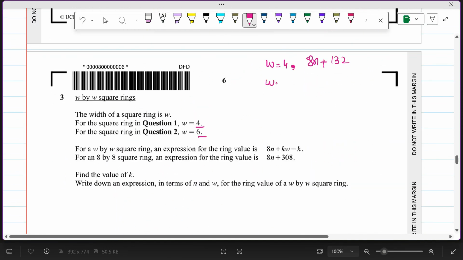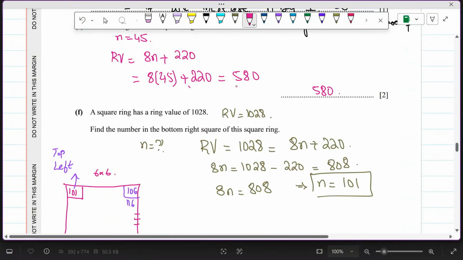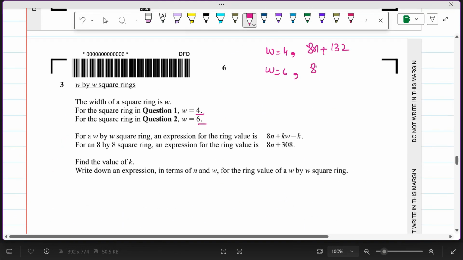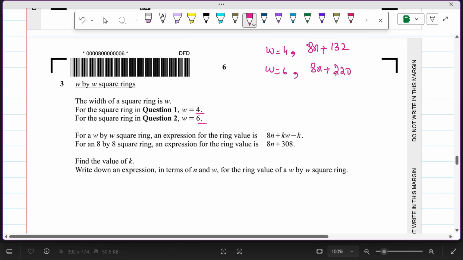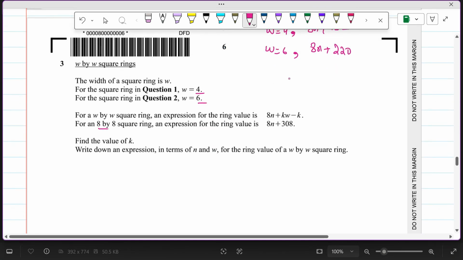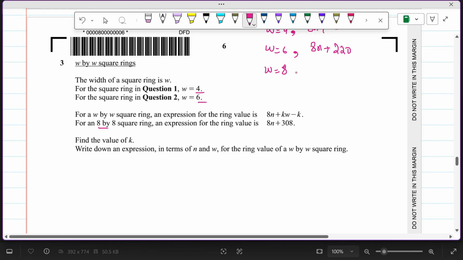And when the width was 6, the expression was this one, 8n plus 220. And it is given that when the width is 8, the ring value expression is 8n plus 308.